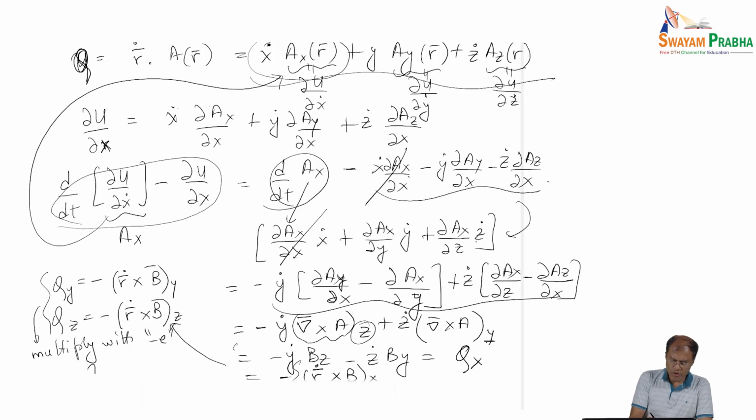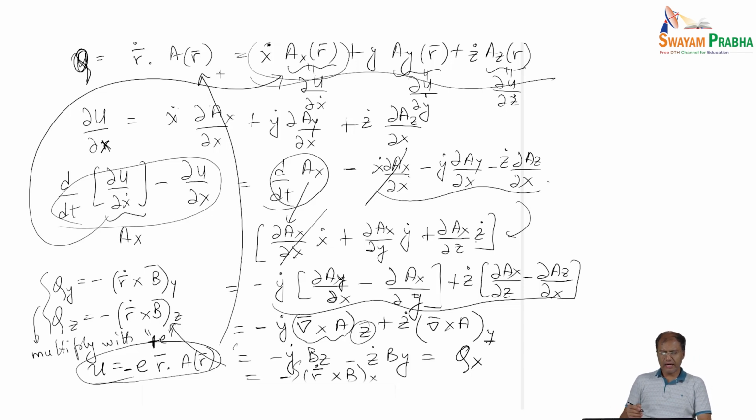So we get that u comes out to be, well, let us multiply with plus e, so we get minus e times r dot dot with A of r. So that is my u. That is what we began with, and that is what we have seen.